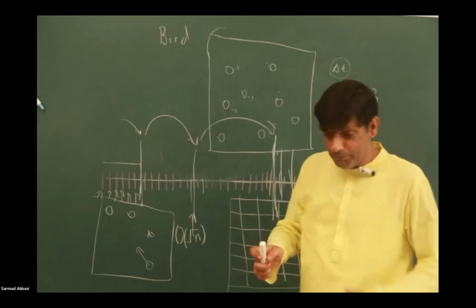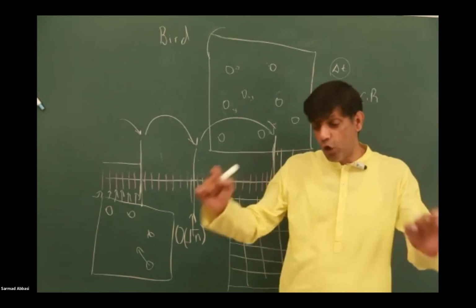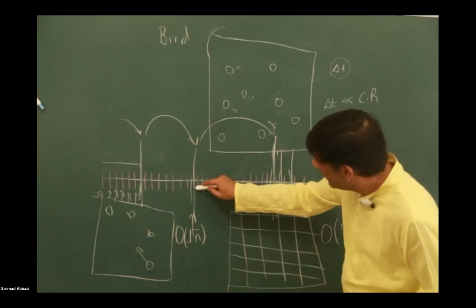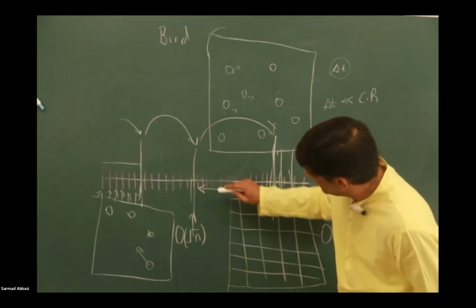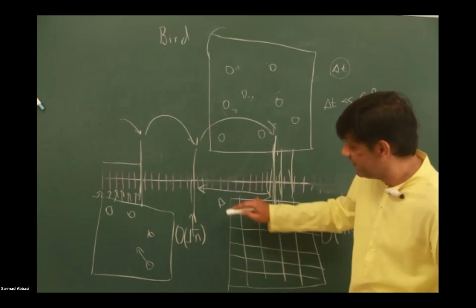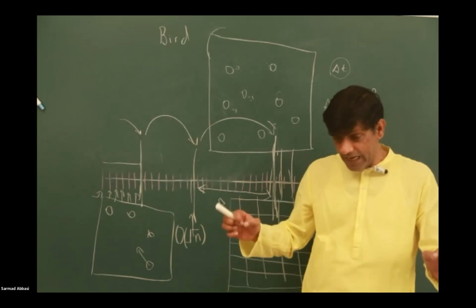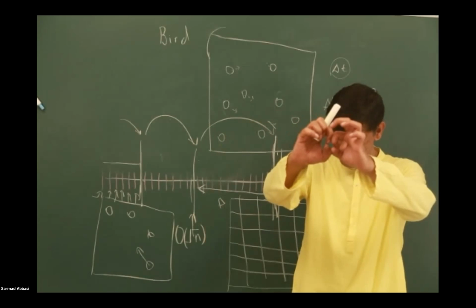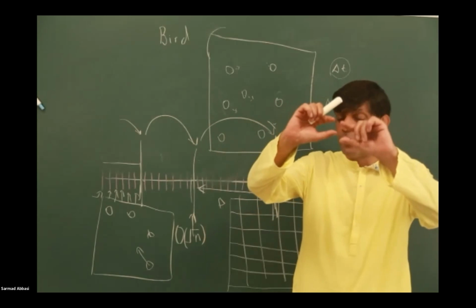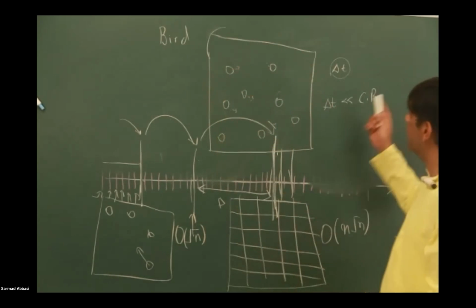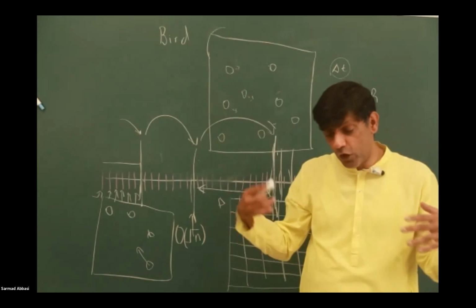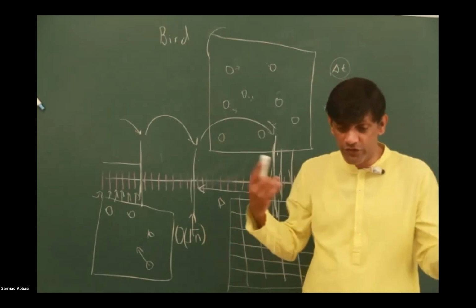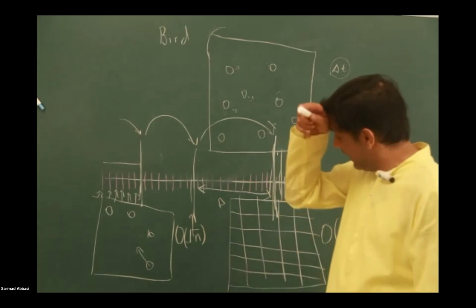Updating the system means moving all the particles by this time according to their velocities, and moving the two particles that have collided to that time and changing their velocities according to the laws of physics, which is elastic collisions. So that's the idea.